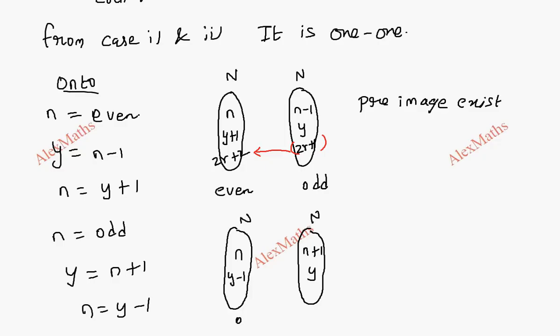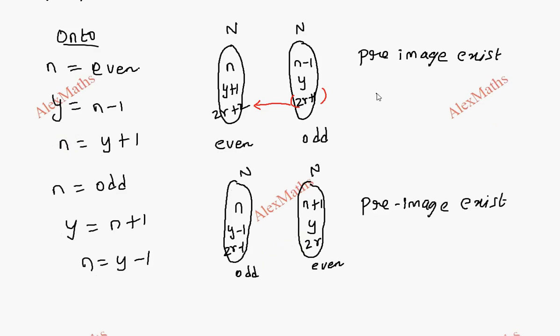Since this is odd, and the even number is of the form 2r, this is 2r minus 1. So here also we can say for every 2r there is a pre-image 2r minus 1. So the pre-image exists.